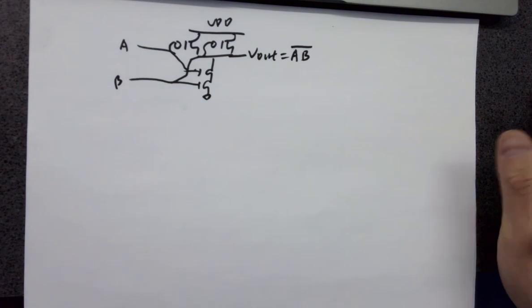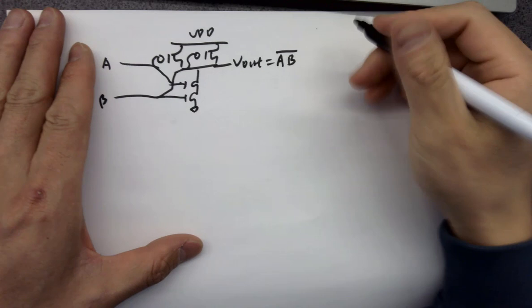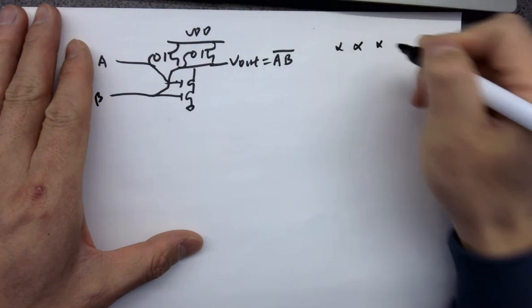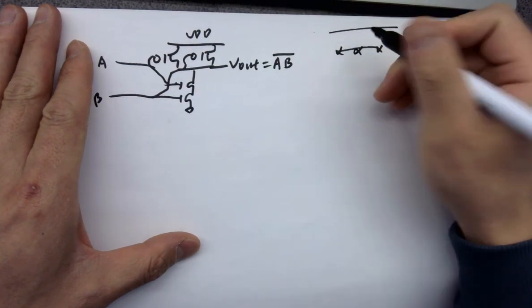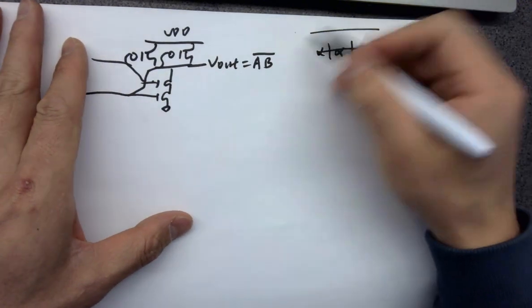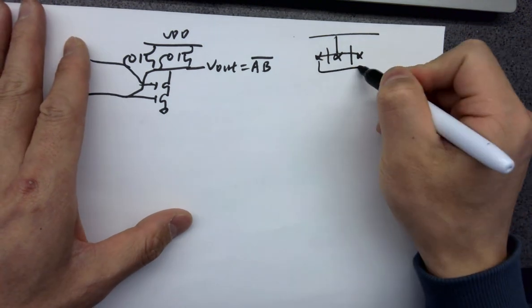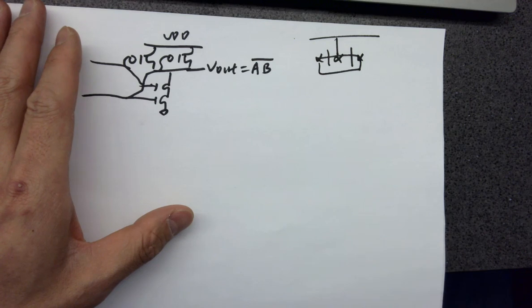It's a NAND gate, right? Two PMOS gates, two in parallel, one wire introduced from the power source and merged at these two nodes.